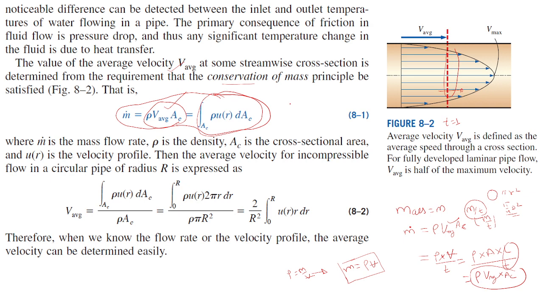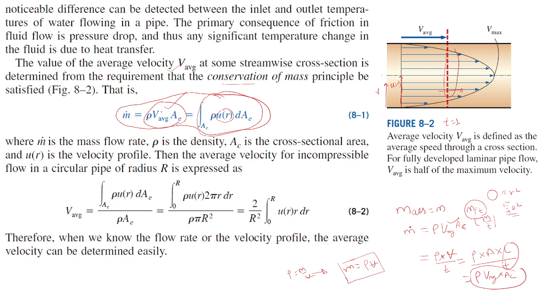Your velocity is moving in the upward direction, which means if r is the radius of the pipe, your velocity is a function of r. So here it is written that your velocity is a function of r.